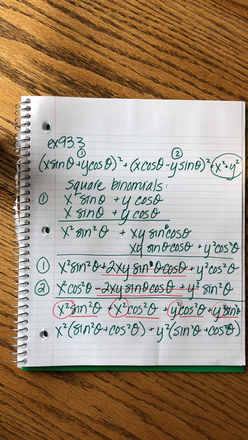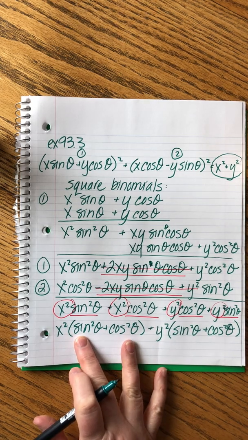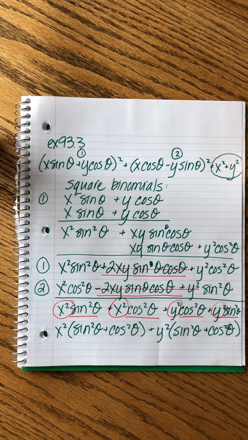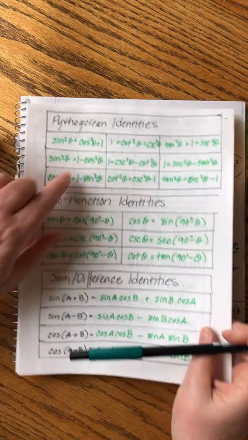Okay, good. Now we need our Pythagorean identity, right? Because it tells us that sine squared theta plus cosine squared theta equals 1. Here it is.